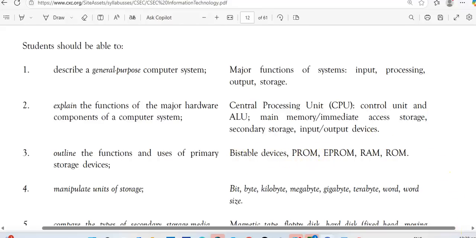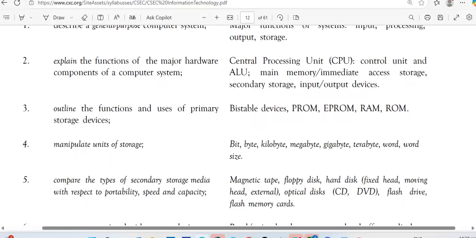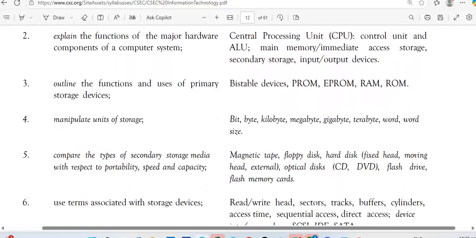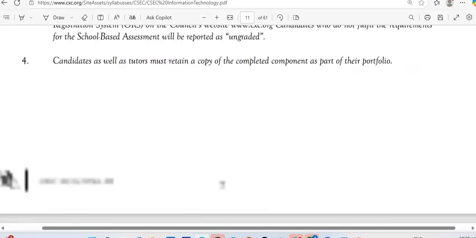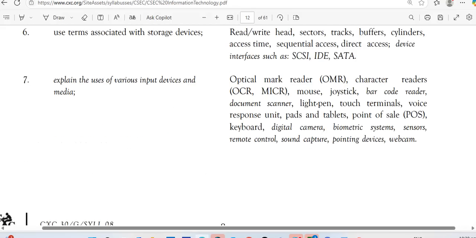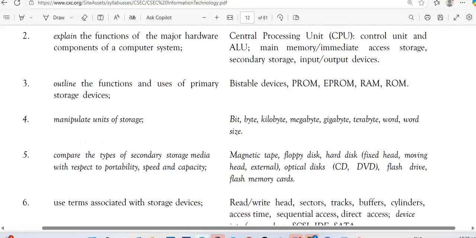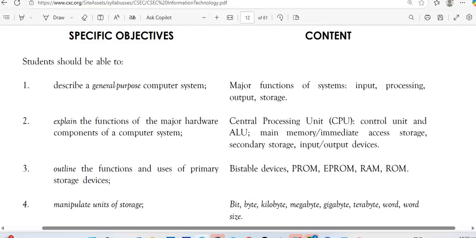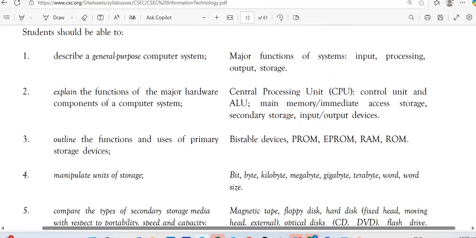Now we're going to go down, guys. What does the syllabus say? Manipulates units of storage. Okay, so we're at number 4. We're going to look at bits, bytes, kilobytes, megabytes, gigabytes, terabytes, word, and word size to see what those mean.